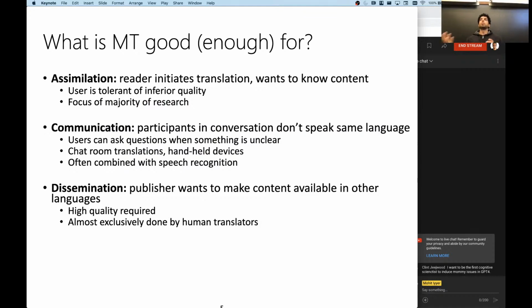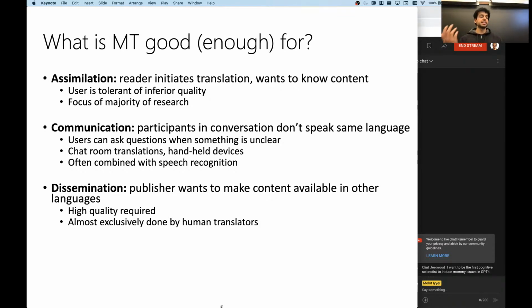So if you wanted to devise an evaluation for machine translation, first you need to think about what it is actually good for, right? Why do people use machine translation? So a lot of the time it's because the reader wants to know what is being said in this source language that they don't understand. So they want to know the content.